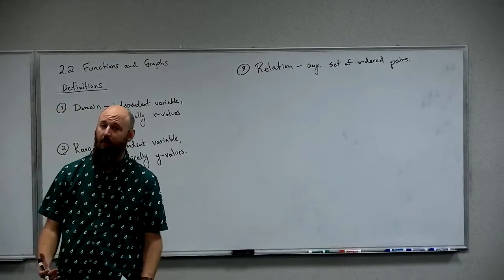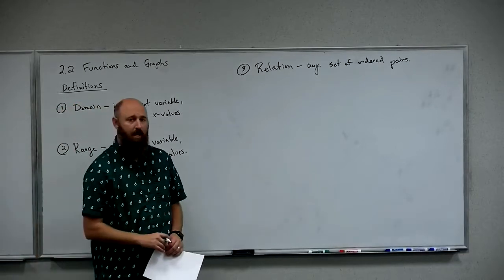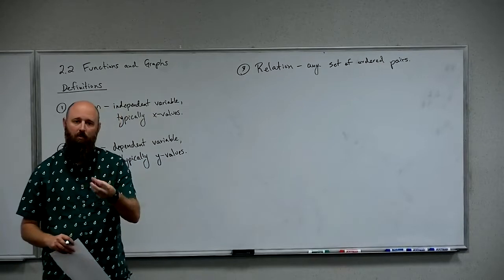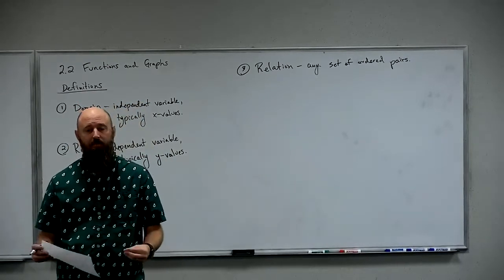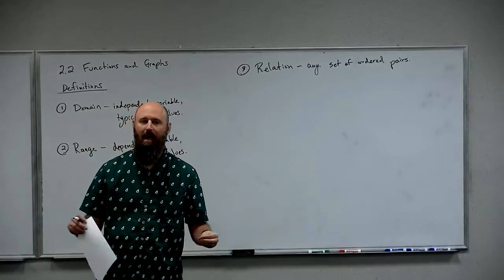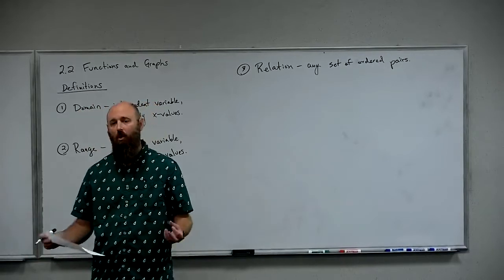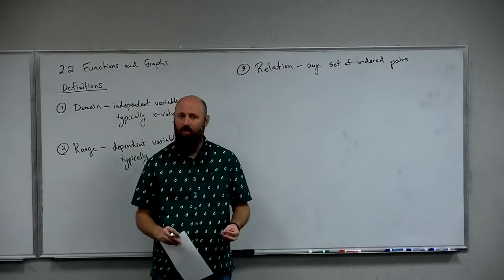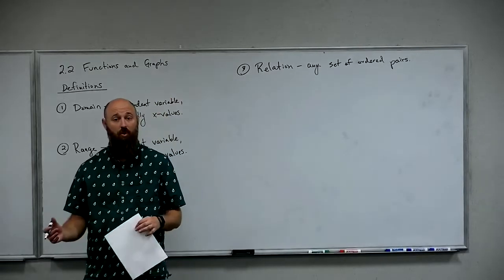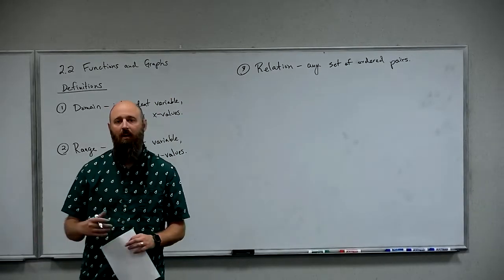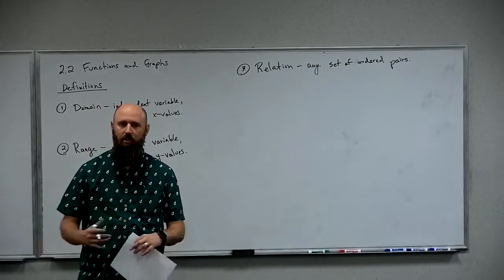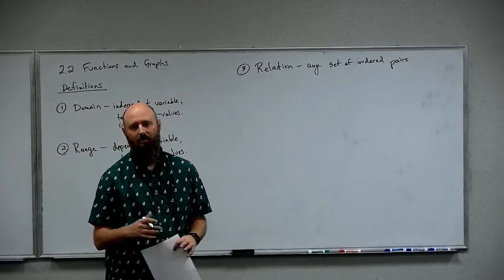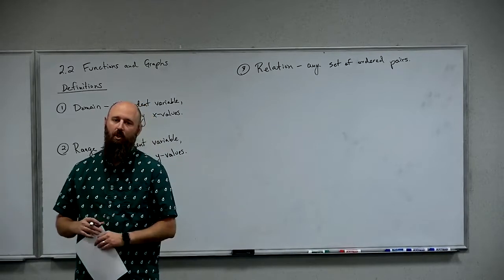That is an ordered pair, okay? And so it combines the x and the y as a single location on our graph. That means x has to be related to y somehow, some way. We don't always know the way. Sometimes we're just given the ordered pairs, but sometimes we do, and that's when we're given equations and things like that, okay? So that is just a basic relation. So when we have the x and y as an ordered pair, that is a relation.